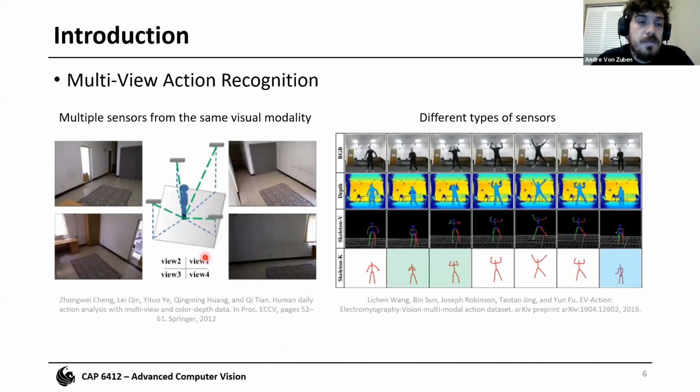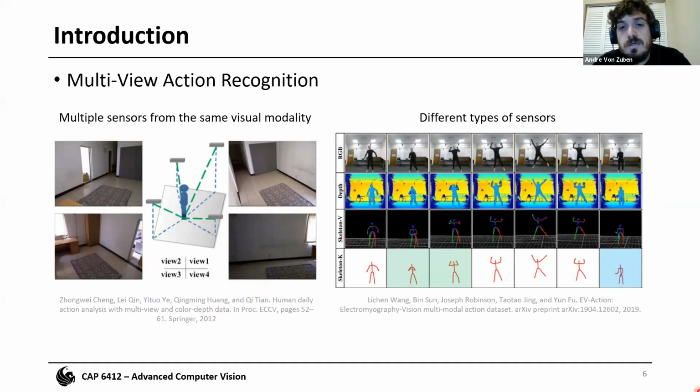Multi-view action recognition can be divided into two categories. The first is when we have multiple sensors from the same visual modality, where we have surveillance cameras, for example. The other category is when we have different types of sensors, like RGB, depth, skeleton, among other views.